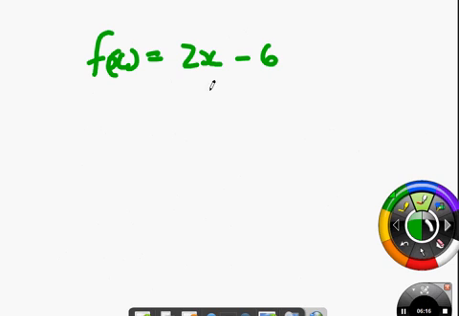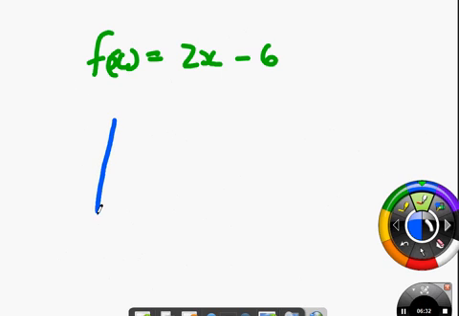Now let's look at a straight line as a function. Let's write down f of x is equal to 2x minus 6. Again, the gradient here is 2, and the y-intercept is negative 6. I'm just going to draw this one because I need you to understand certain things about functions.